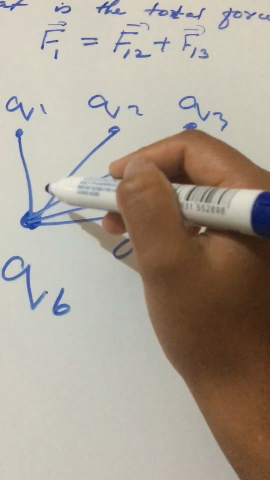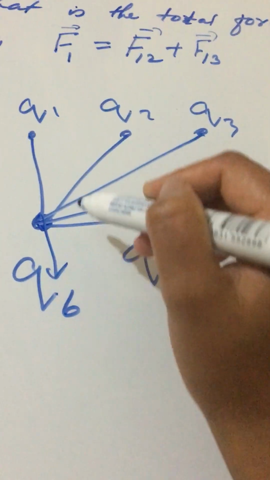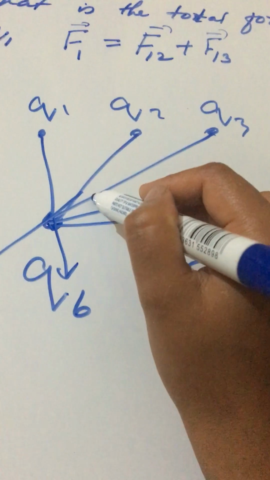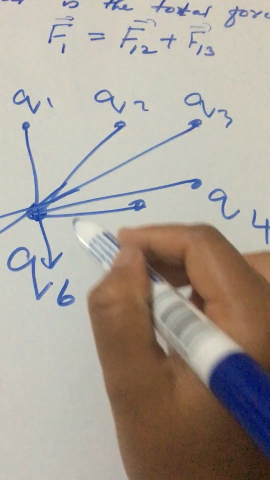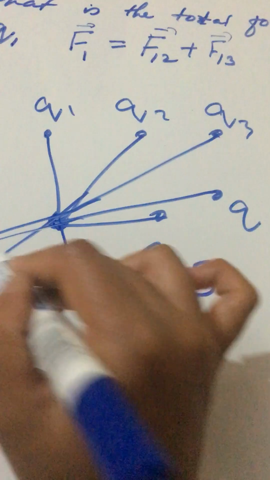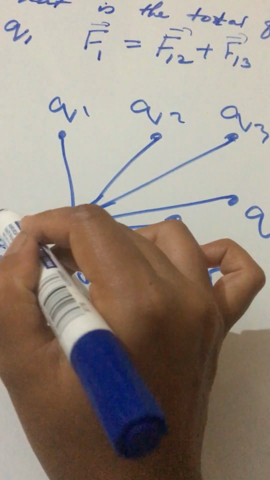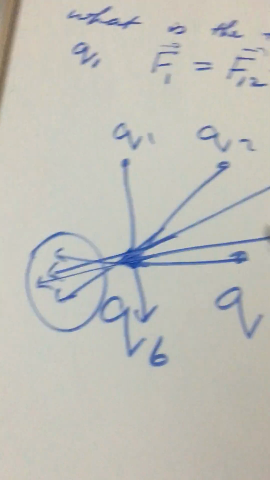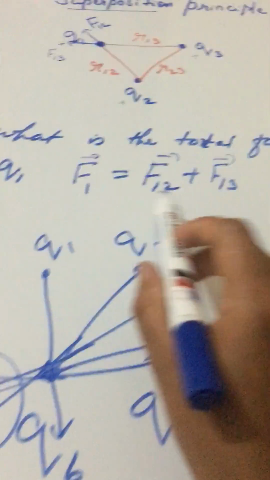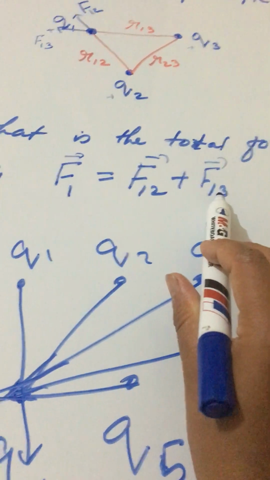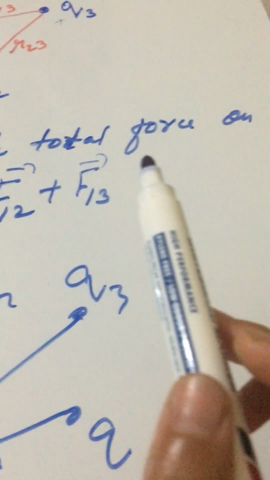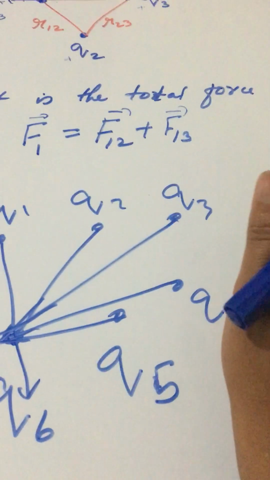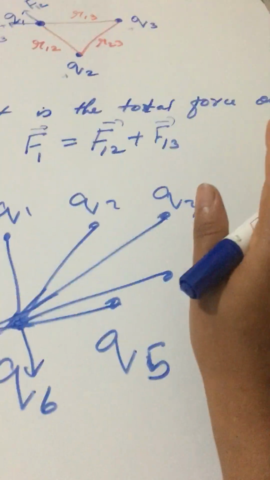Due to q1 the force will be along here, due to q2 along here, due to q3 along here, due to q4 along here, and due to q5 along here. All these forces we need to add in terms of vectors, why? Force is a vector quantity. So this is the principle of superposition.